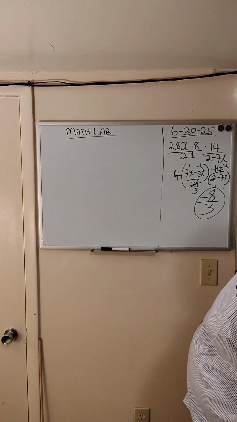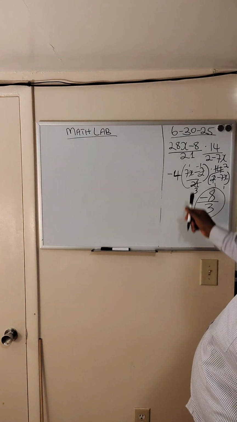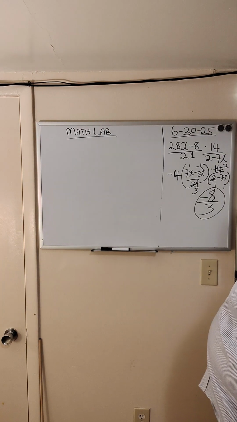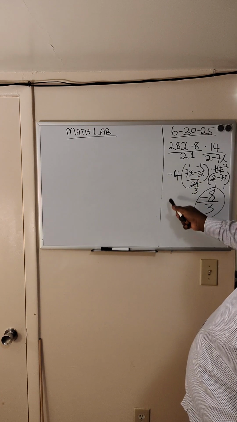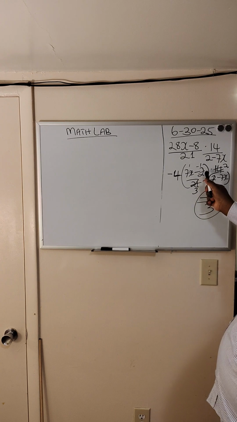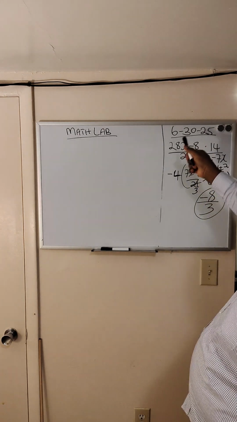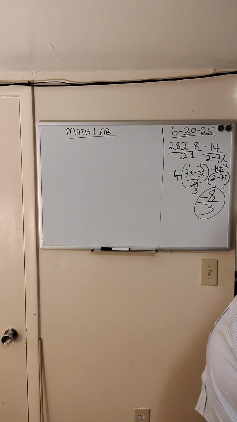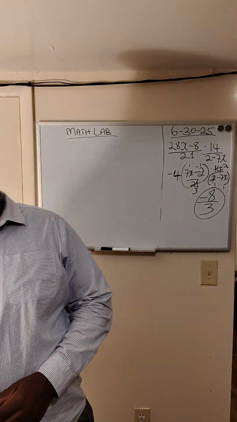Then we multiplied it by 7x, and we also had to multiply negative 4 by 2 to get negative 8 up there. You can see how we got it balanced.